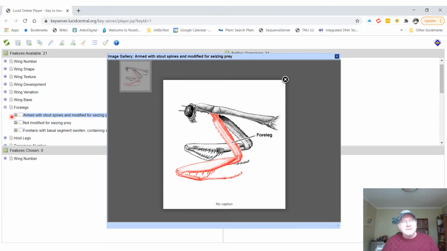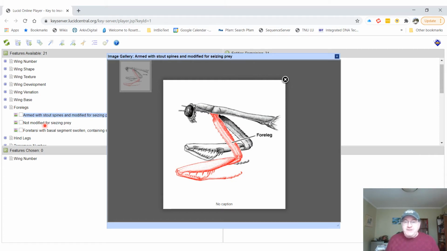Over here, there's a little icon that, if you click on it, allows the designer to add images to that character state so that the user can see that and get some guidance as to what the words mean.